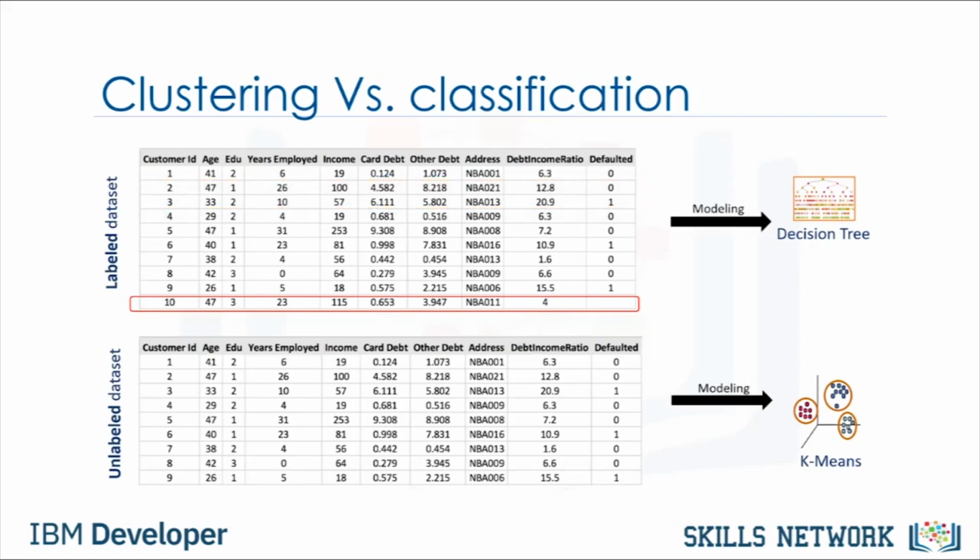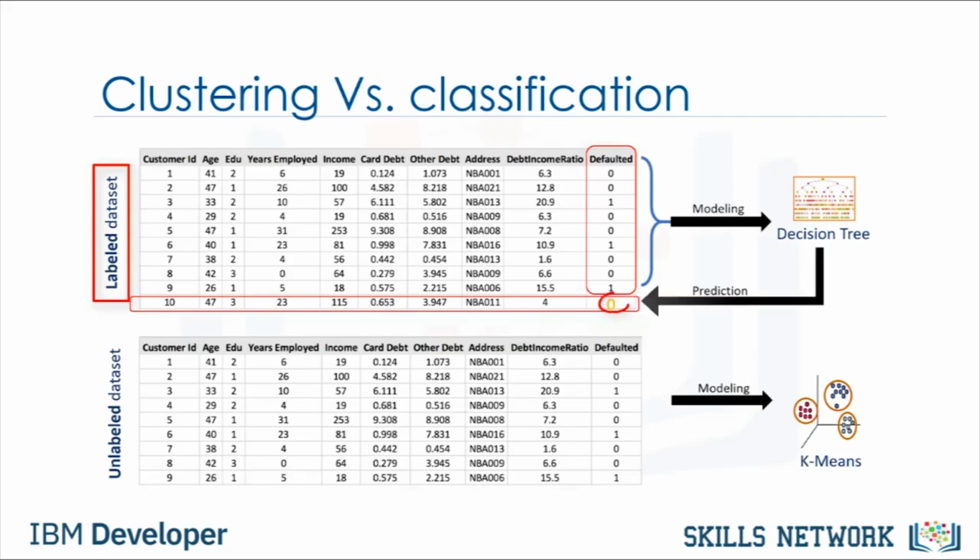For example, if an analyst wants to analyze customer data in order to know which customers might default on their payments, she uses a labeled dataset as training data and uses classification approaches such as a decision tree, support vector machines or SVM, or logistic regression to predict the default value for a new or unknown customer. Generally speaking, classification is a supervised learning where each training data instance belongs to a particular class.